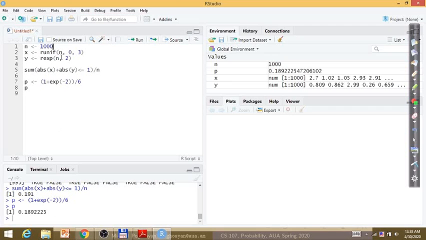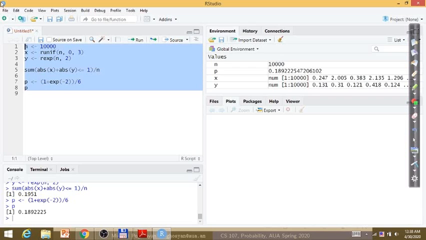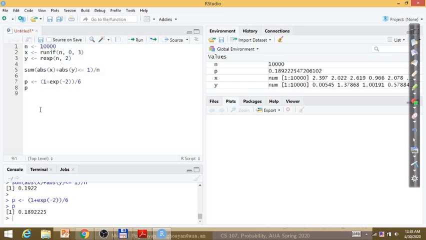If I increase this, say to 10,000, and run that again, well, this is the actual, this is what I have obtained. If I run that again, okay, 0.192. Let me show how we can see if increasing n will give a closer and closer approximation to that number.